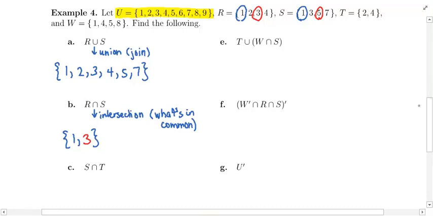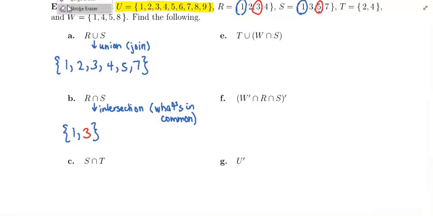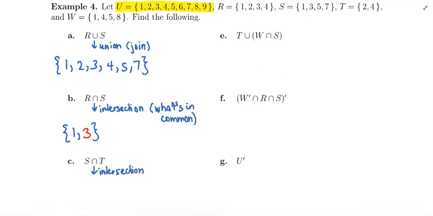Moving on. In part C, we are going to do S intersected with T. Now we're looking at sets S and T. Again, this is another intersection problem. We're just going to pull what's in common between sets S and T. So let's do that.